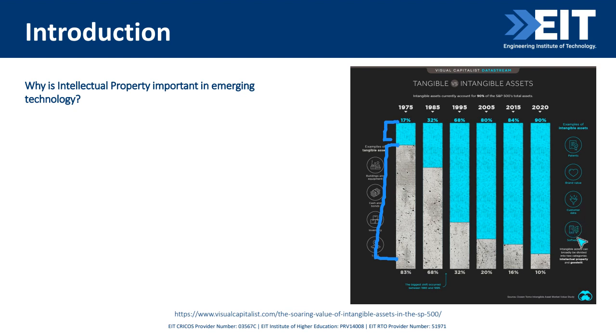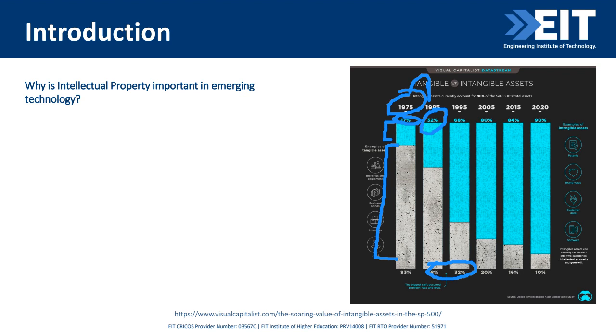If you check it out, during 1975, 17% of total assets were made up of intangible assets. That includes patents and intellectual properties. As you move on to 1985, you can see that that increased to 32%. 1995 saw a huge change in terms of holdings of intangible assets.